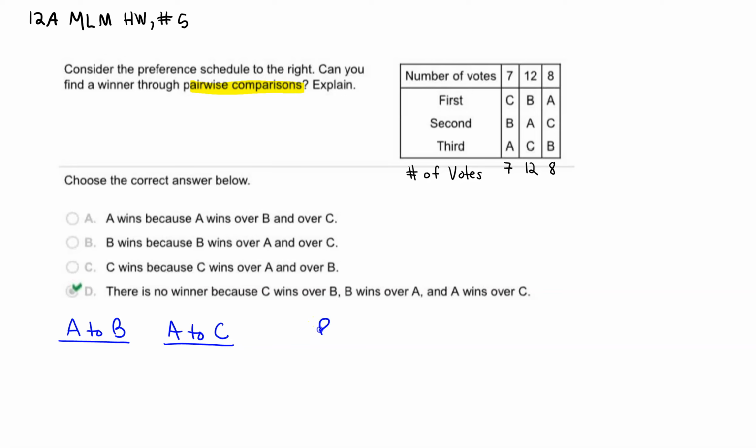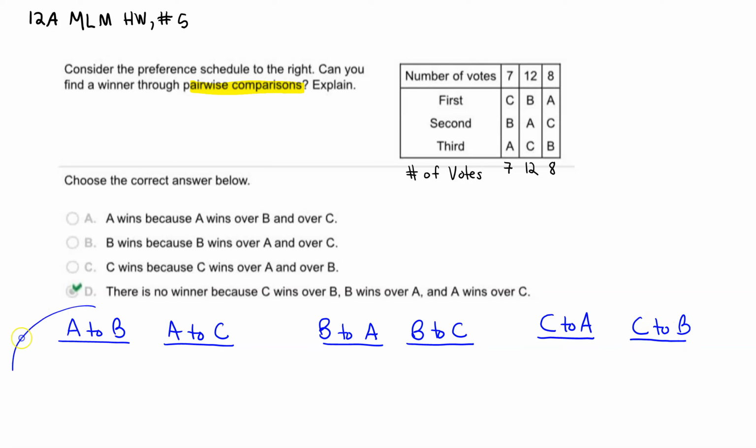Then I need to compare candidate B to candidate A, and I also need to compare B to C. So that's another round of pairings here. And then I'm going to compare candidate C to candidate A and candidate C to candidate B.